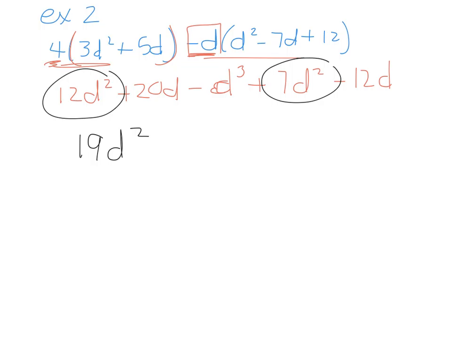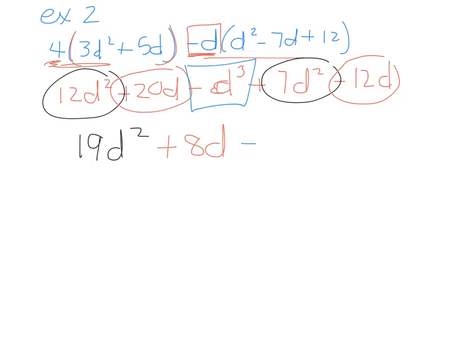And then I have 20d minus 12d. That's going to give me a positive 8d. And then the last term, I have nothing to combine negative d to the third. So it's just negative d to the third.